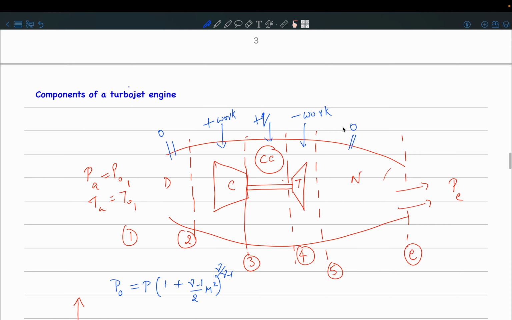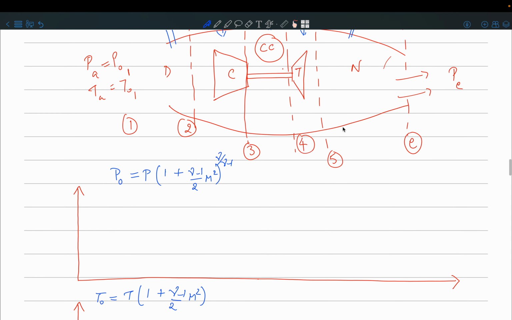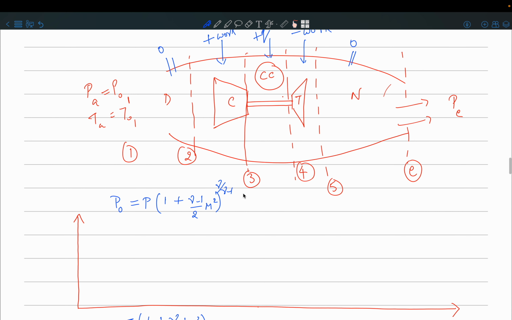Okay, so now let us see the variation of the static pressure and the stagnation pressure along the axis of this turbojet engine. So basically what I'm asking is, how does the pressure change as the air, the fluid, moves from the diffuser to the compressor, then to the combustion chamber, then to the turbine, then to the nozzle, and so on. Okay.